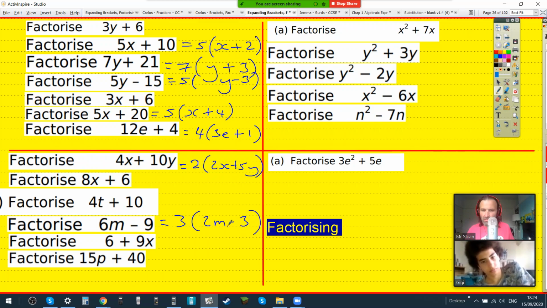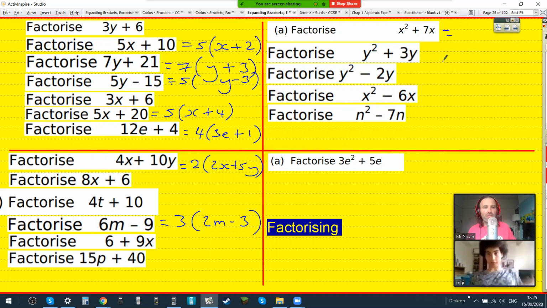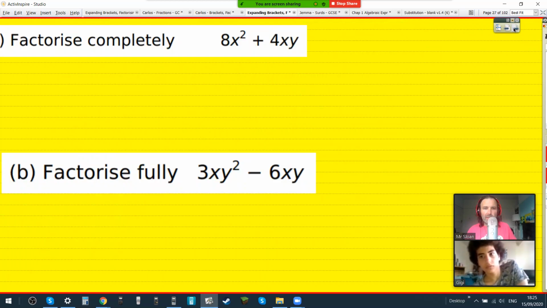That's great. Okay. How about top right? X plus 7. X plus 7. Good. And then let's try bottom right. 3e squared plus 5e. Yeah. E times 3e plus 5. That's great. Okay, so we're good there. Okay, let's try these.